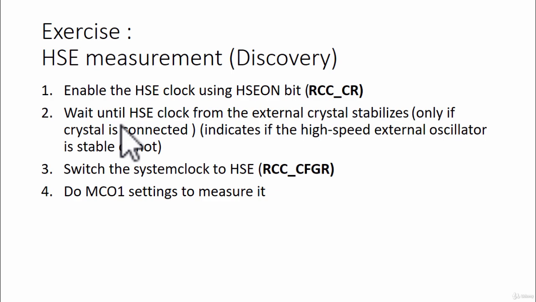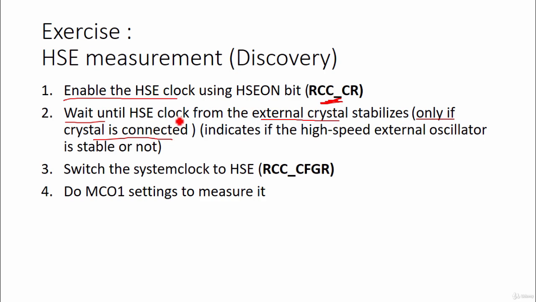Now the first step is you have to enable the HSE clock using HSE on bit in this register. And once you turn on the HSE, you have to wait until HSE clock from the external crystal stabilizes. So this is required only if the crystal is connected. So that is in the case of Discovery where the crystal is indeed connected, right?